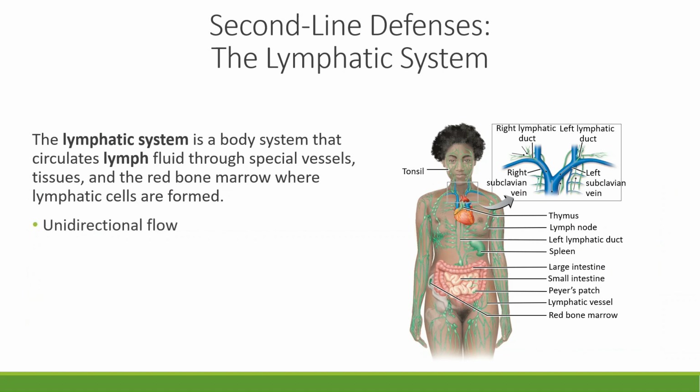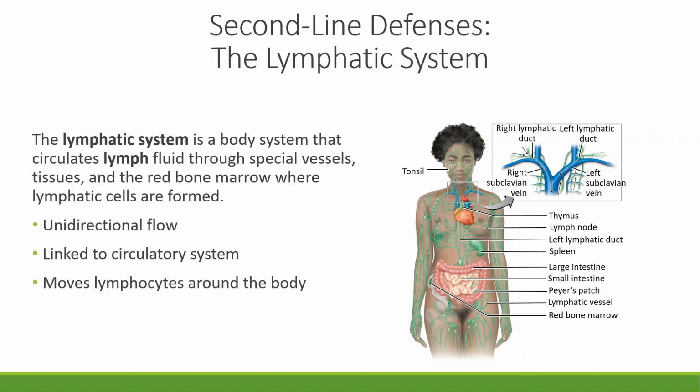It's interesting because it has a unidirectional flow, meaning lymph moves in one direction, drains from these systems and towards the heart. It is linked to the circulatory system, helping to return fluids to the blood, and it moves lymphocytes throughout the body to detect and fight infections.